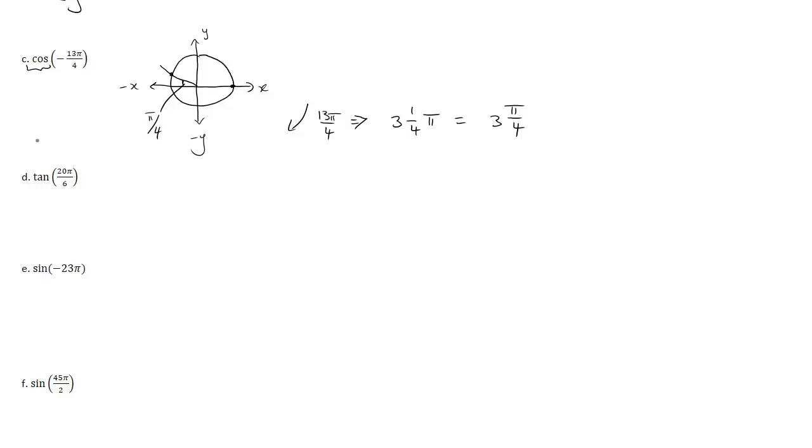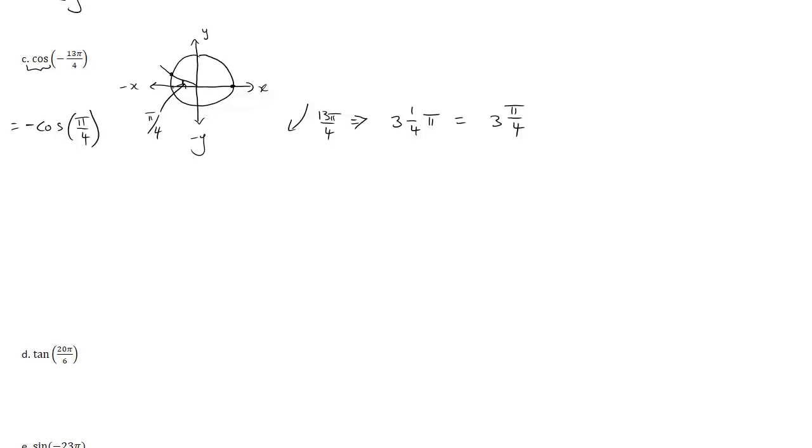Now I'm going to have to get some more space here. Too many questions to deal with all at once. Okay, so that angle there is pi on 4. So we can rewrite this as cos of pi on 4 straight away, but we need to put a negative in front.